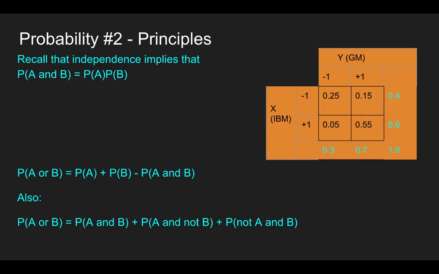So you can add those together. The formula you discussed in class looks a little more like this, which is also correct. So again, the two questions are: are A and B independent? And what's the probability of either stock going up?